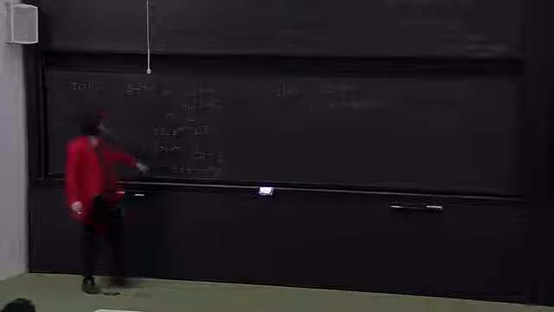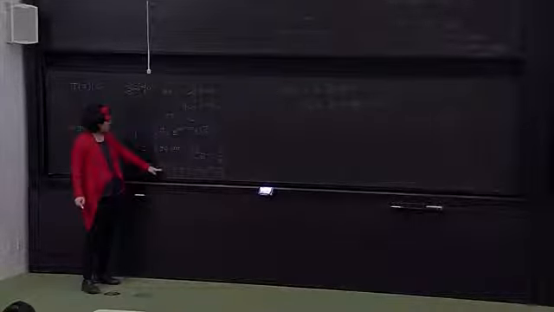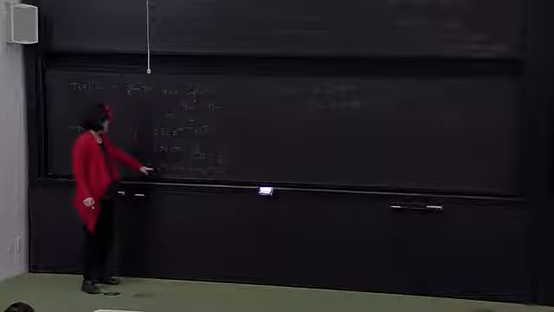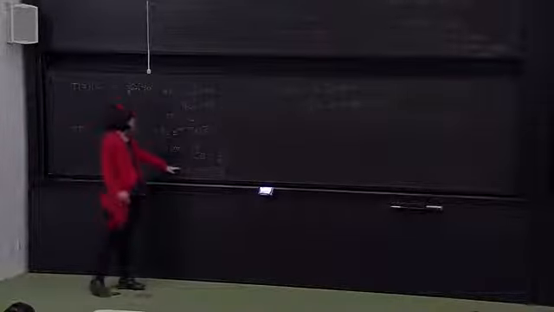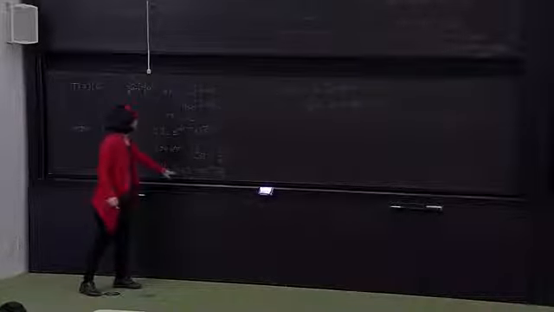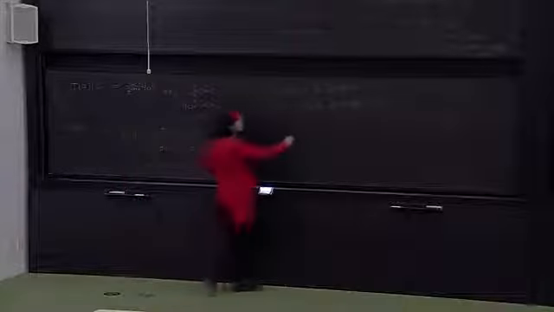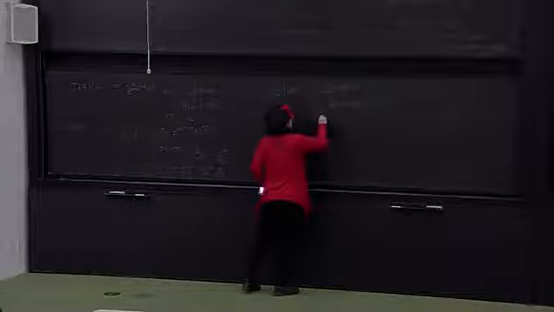And this guy, according to here, when n equals 0 and we take the limit w goes to 0, this is 1, so you get h phi back.